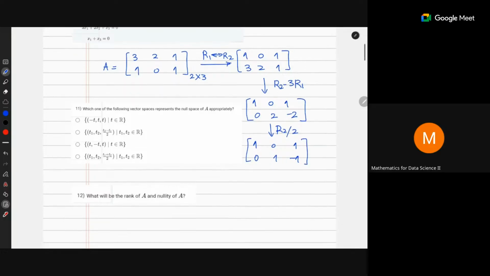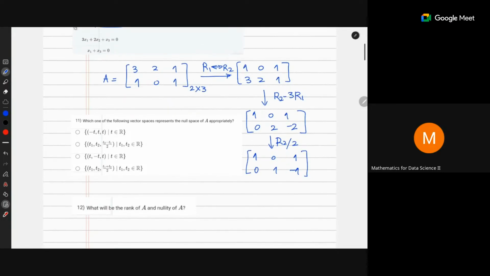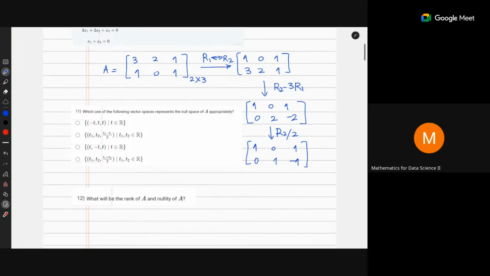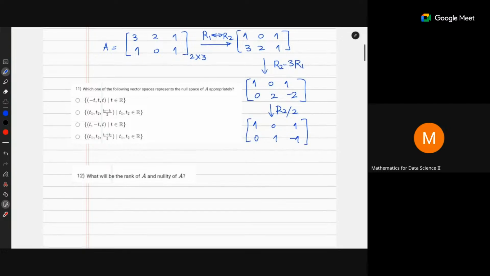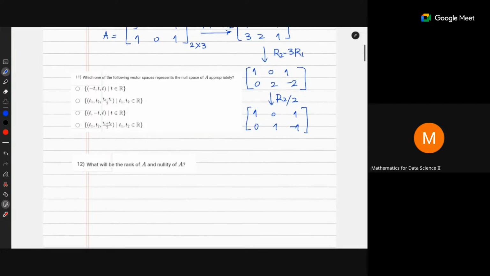Now what is the nullity? Nullity is 1. Now, what is the null space? For the null space, x1 plus x3 is equal to 0, and x2 minus x3 is also equal to 0.